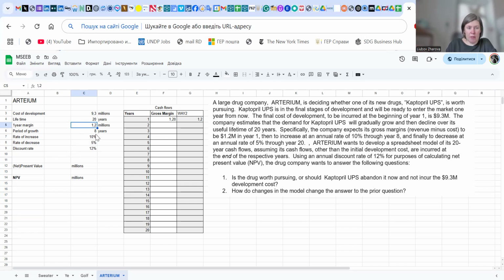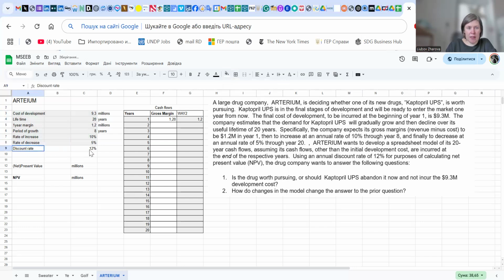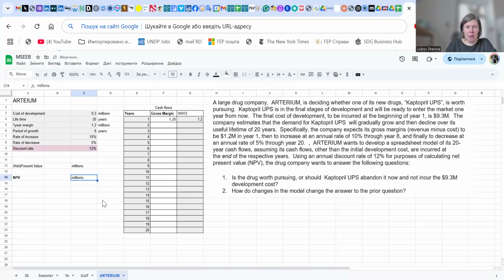Period of growth, 8 years, rate of increase, rate of decrease, and discount rate. We need the discount rate to calculate our present value. That's something like an alternative way of investing the money.